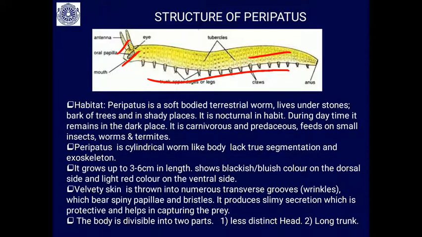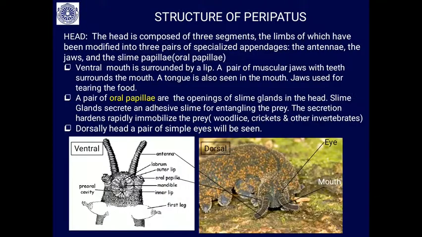Each segment bears a pair of legs, similar to the legs of the Annelida, and the legs end with claws. The body is divisible into two parts: a less distinct head and a long trunk region.